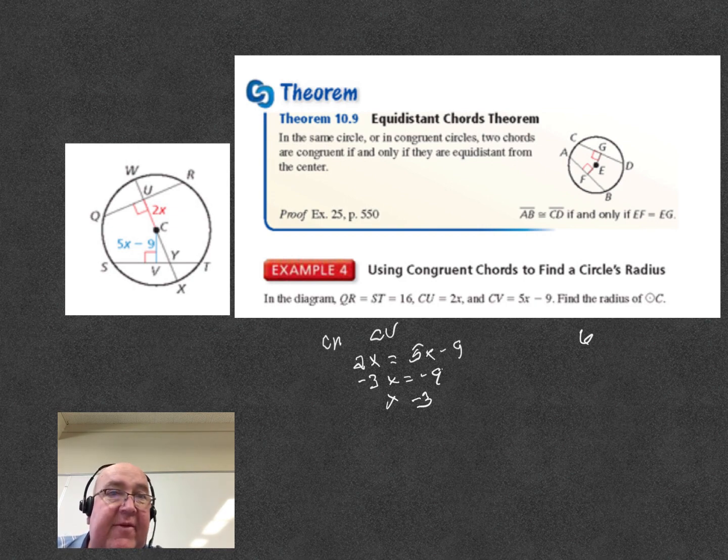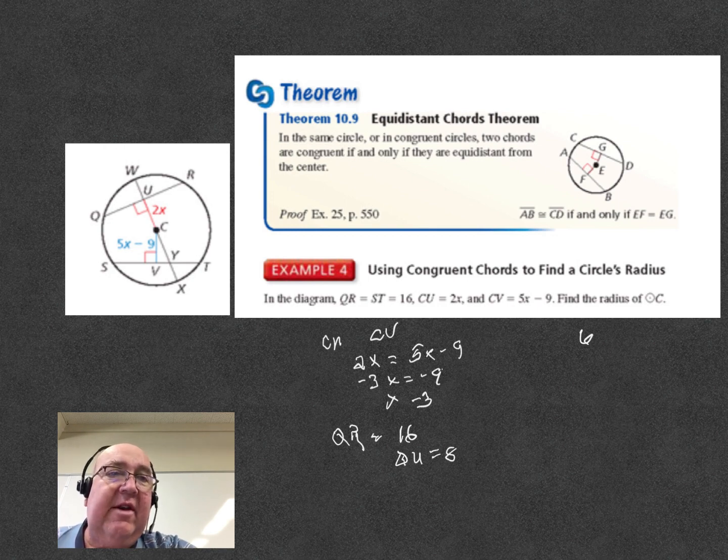And then we want to find QU, which is half of QR. And QR is 16. So QU is going to be 8. And basically we're going to make a right triangle with CQ to find the radius.